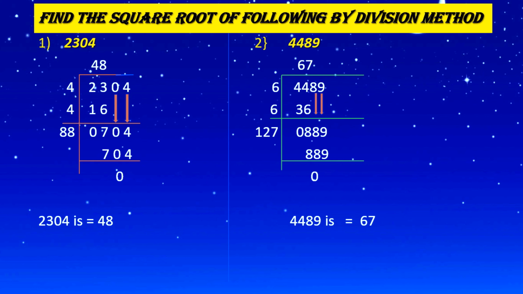These two numbers came, and we should take the 89 down. It becomes 889. Let's see, in which table does 889 come? 127 into 7 is 889. Subtracting gives us 0. So the square root of 4489 is 67.